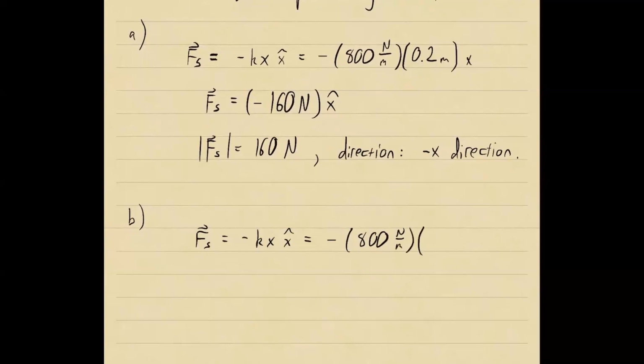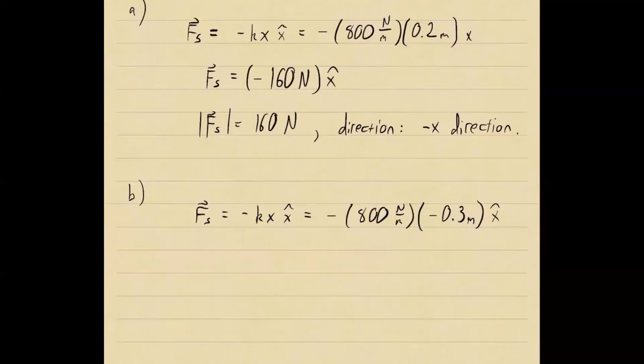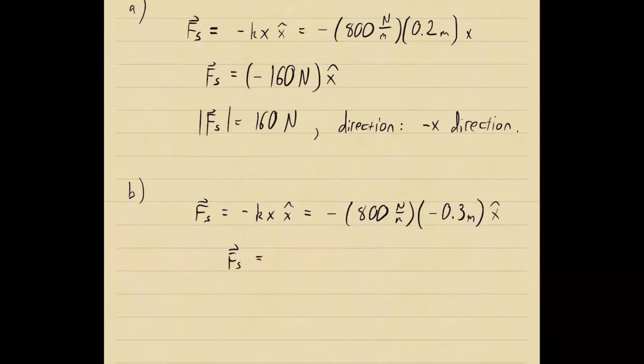But now our displacement is 0.3 meters to the left, because we're compressing it. So that's going to be minus 0.3 meters, where now this minus sign is going to be canceled out by that minus sign. So the force exerted by our spring is going to be equal to 240 newtons in the x direction.